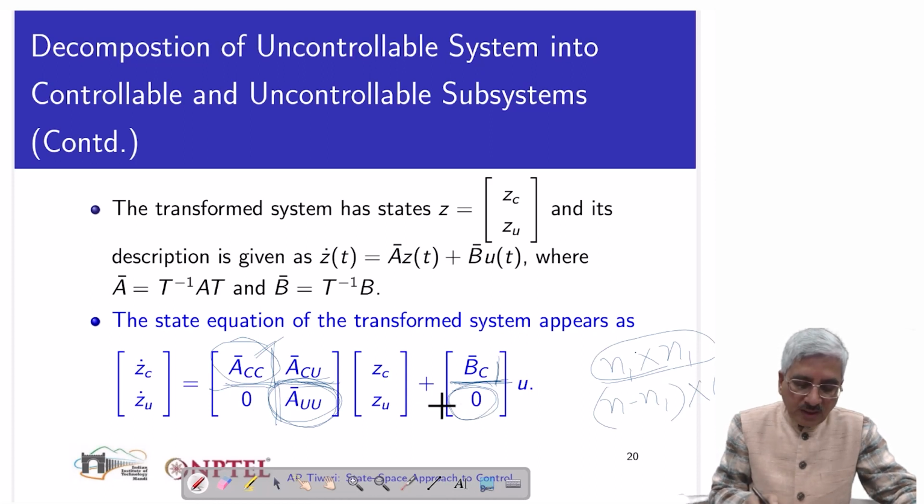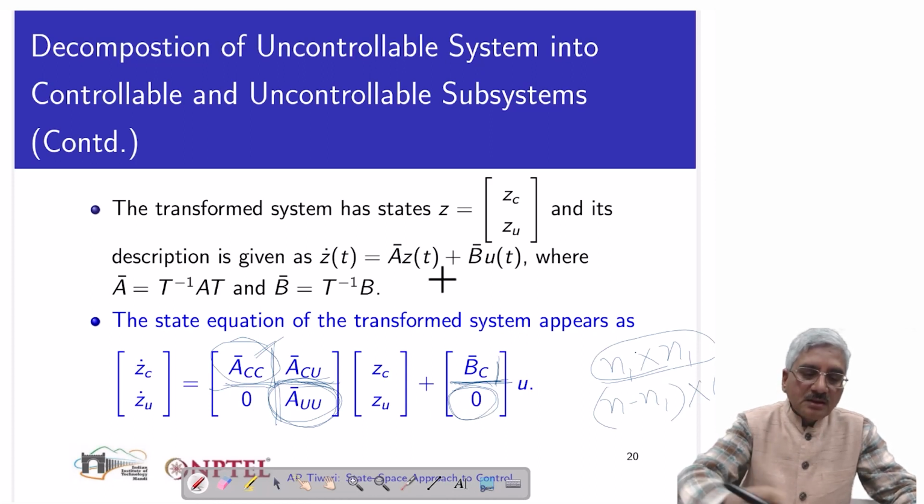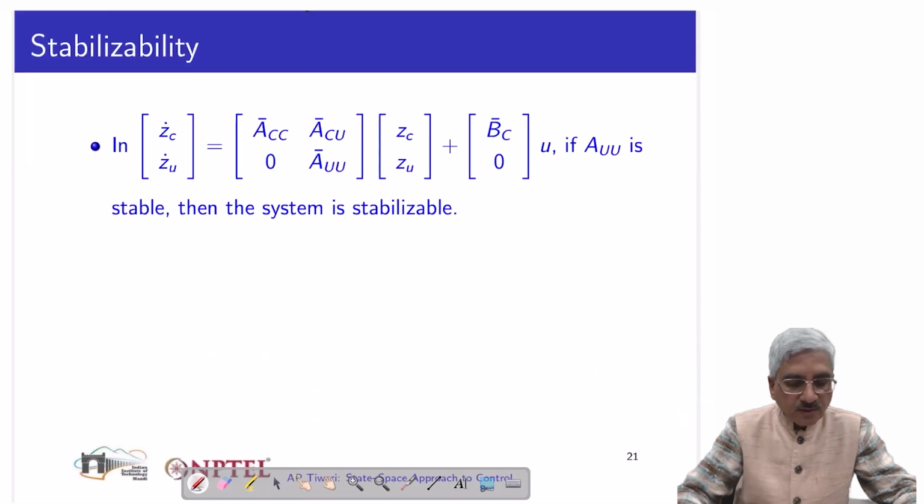So we can see that through this T the system gets transformed. And as I told earlier, ACC bar is the controllable part, AUU bar is the uncontrollable part.